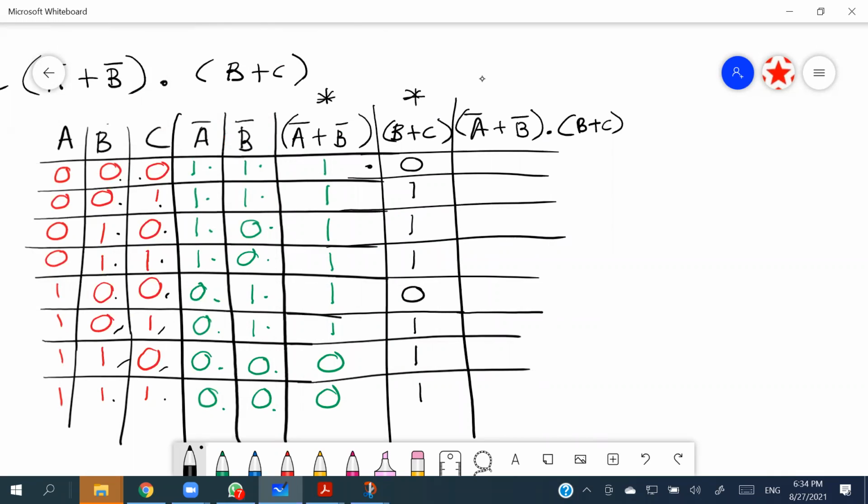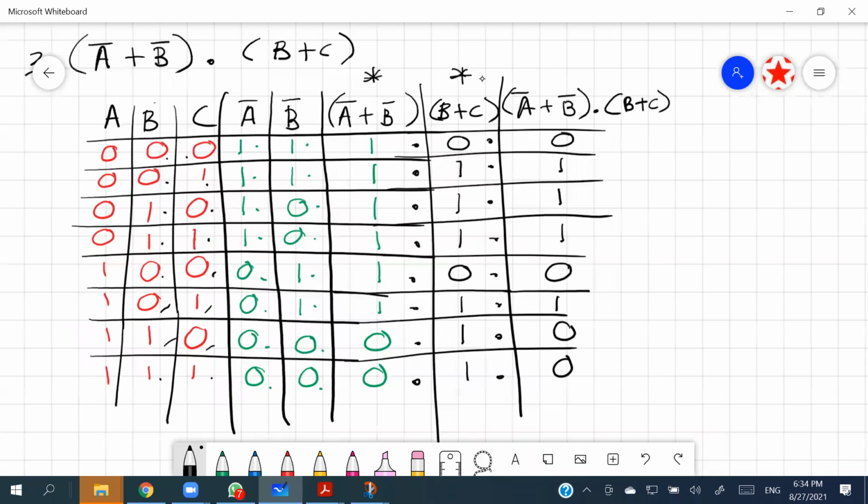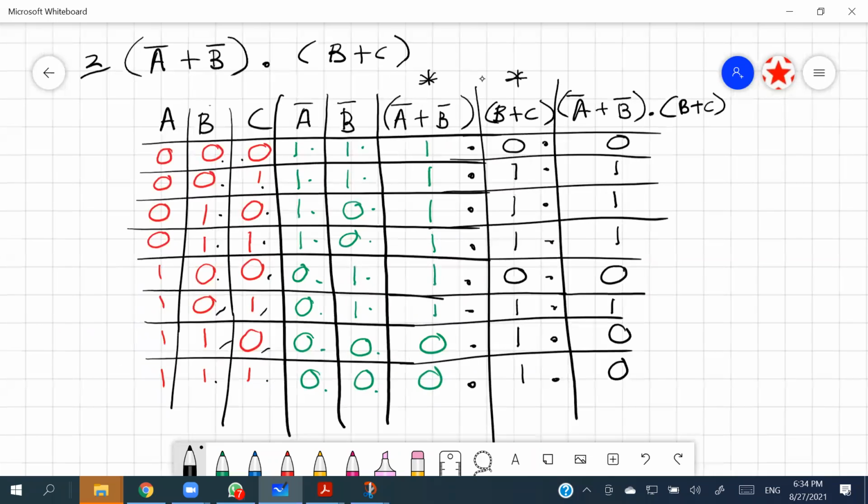So here 1 into 0 going to give you a 0, 1 into 1 going to give you a 1, 1 into 1, again 1, 1 into 1, again 1, 1 into 0 going to give you a 0, 1 into 1 going to give you a 1, 0 into 1, it is a 0, 0 into 1, again a 0, right? So this is going to be the final answer for this second question, right?